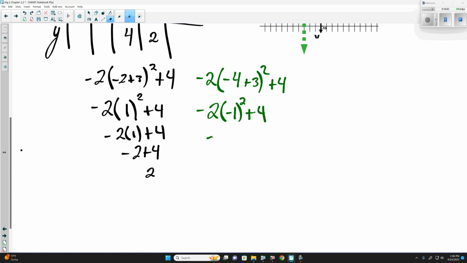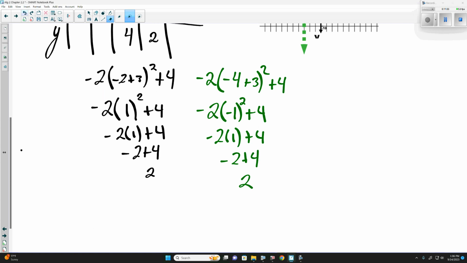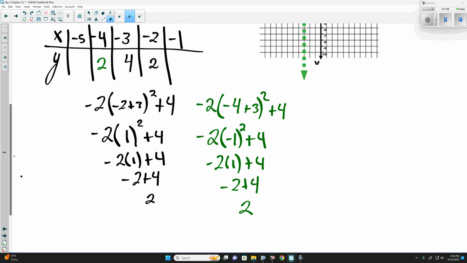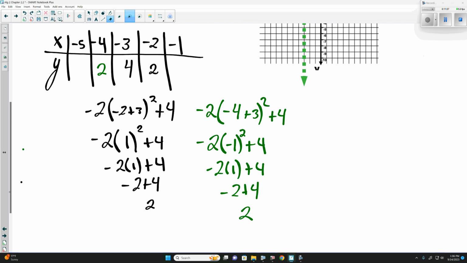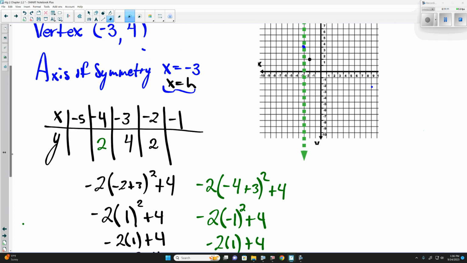Well, -1 squared is 1, which gives us -2 plus 4, which is 2. But if you notice, the y values for one point to the left and right of the vertex is the exact same. That's because of the properties of our axis of symmetry.